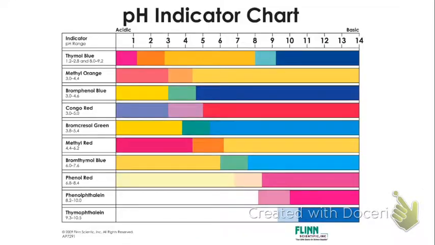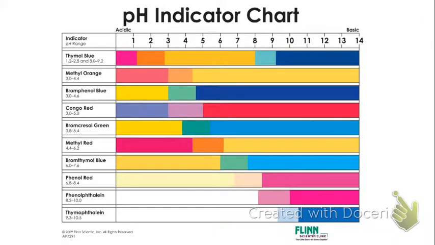In selecting the appropriate pH indicator for a particular reaction or titration, what we need is an indicator chart like the one that's listed here. The indicator chart gives us a list of different weak acids that change color in the presence of different pH solutions, essentially.